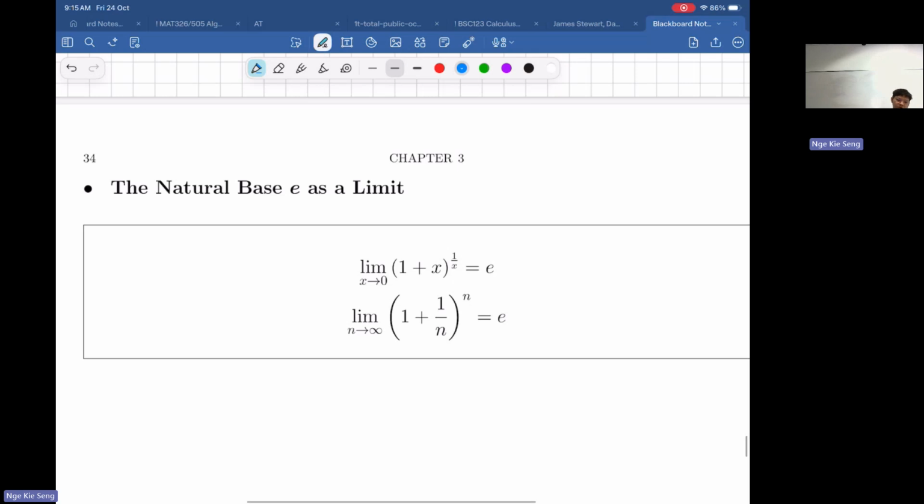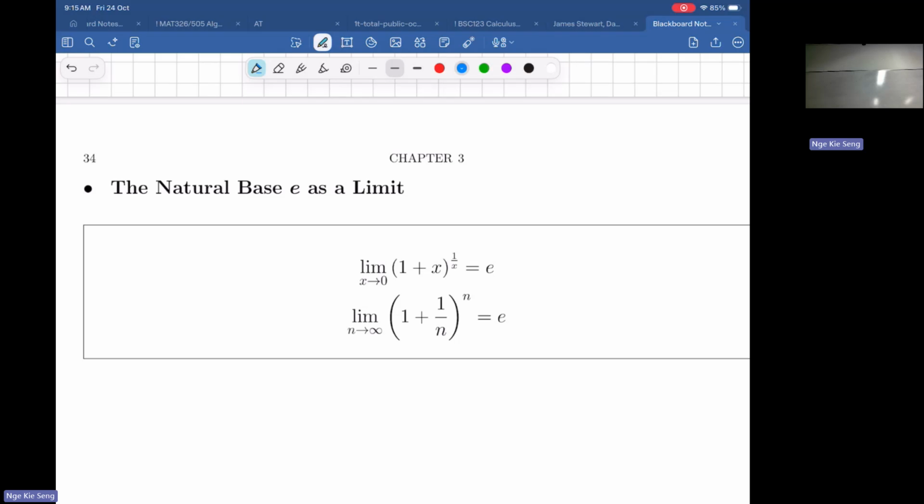Using the limit or the derivative we know on the exponential function, we can actually derive these two limits here. I won't do the derivation here so that I don't confuse you, but make sure you know this limit. This is a very useful limit.